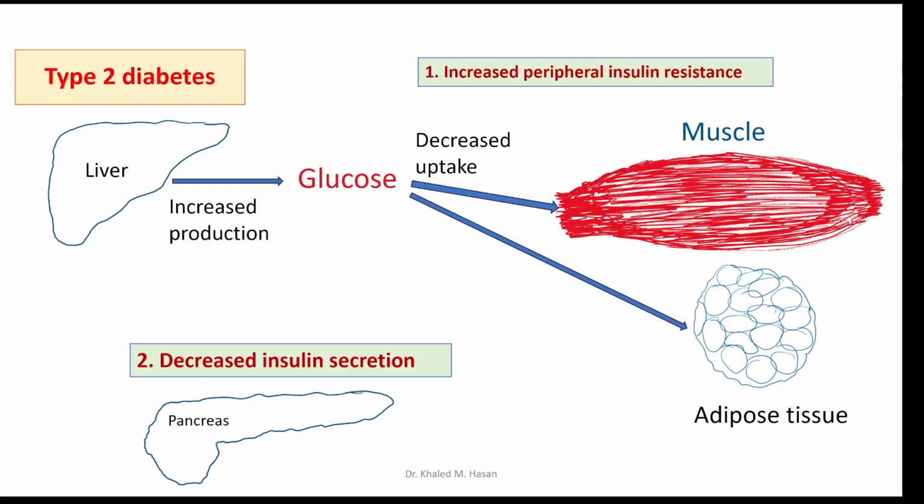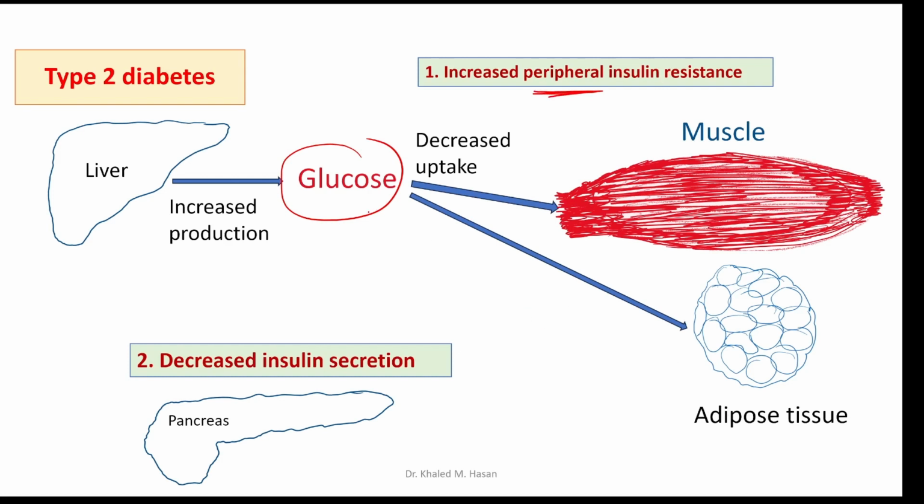Okay, this slide represents the pathophysiology of type 2 diabetes. We have two main organs involved in type 2 diabetes. You can see here the liver will start producing glucose. But the peripheral tissues such as muscles and adipose tissue are unable to take up the glucose.